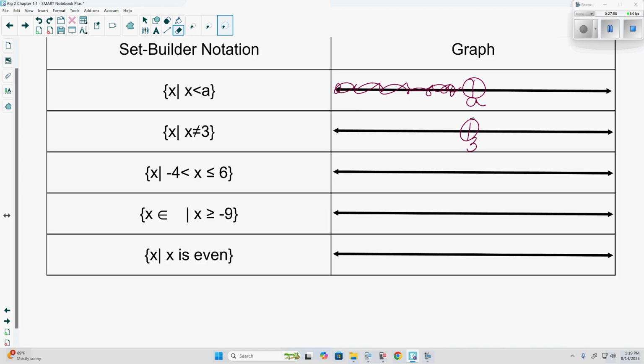So what could x be? Not 3, so what could it be? Anything. It could be 4, pi, 9. Any number as long as it's not 3. So it could be all these numbers here, or all the numbers on the other side. It cannot be 3.